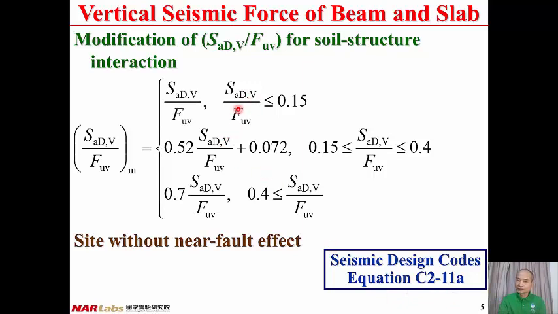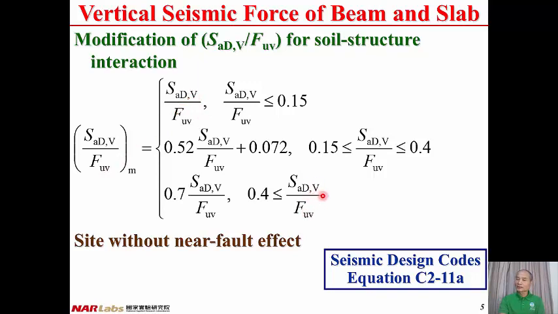When SADV divided by FUV is less than 0.15, no modification is necessary. Therefore, the ratio after modification equals the ratio before modification.